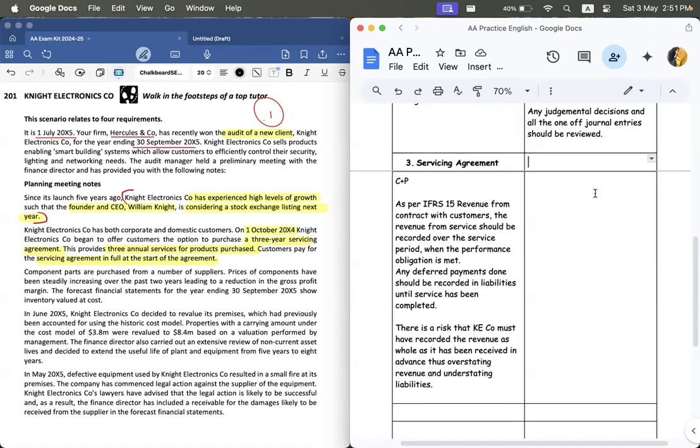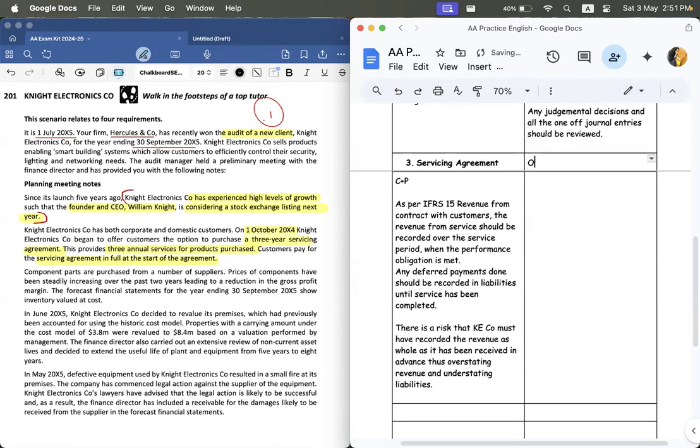What does IFRS 15 say for services? If the service is covered for a period of time, revenue should be recognized over that period, right? And you must make sure that the revenue is not recorded when the advance was actually received. Clear?